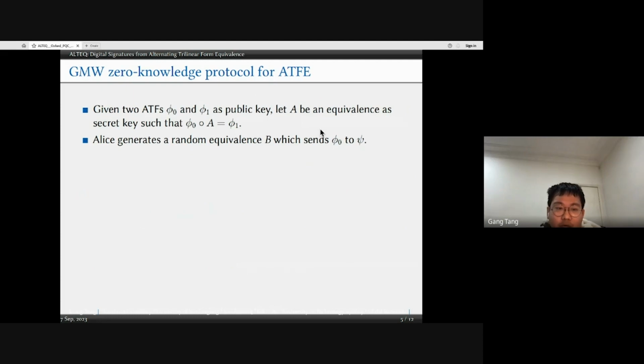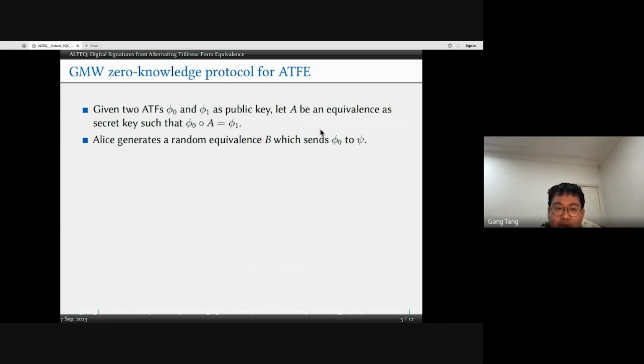Here is the GMW zero knowledge protocol for ATFE. First, we have public keys, phi0 and phi1, two alternating trilinear forms. We also have an invertible matrix A as our secret key, which sends phi0 to phi1.